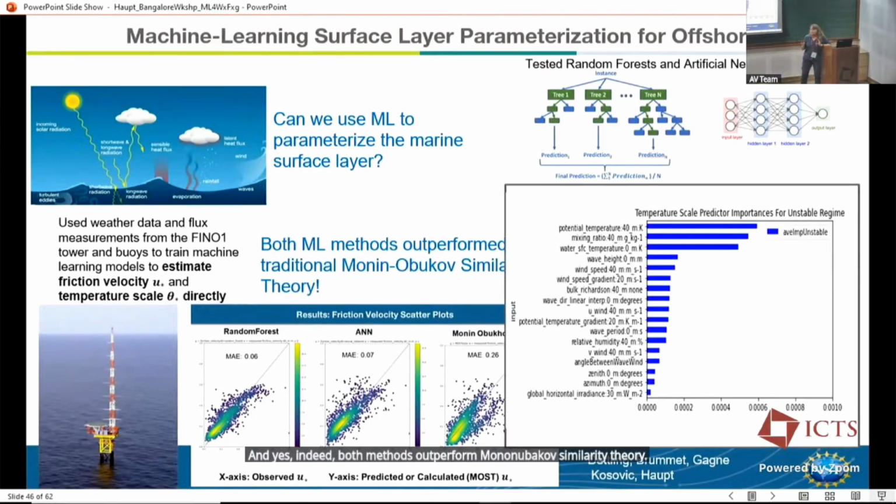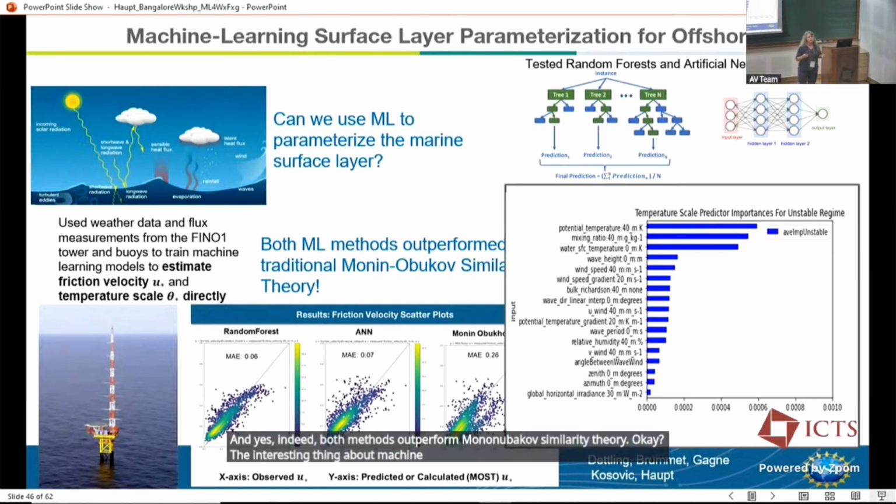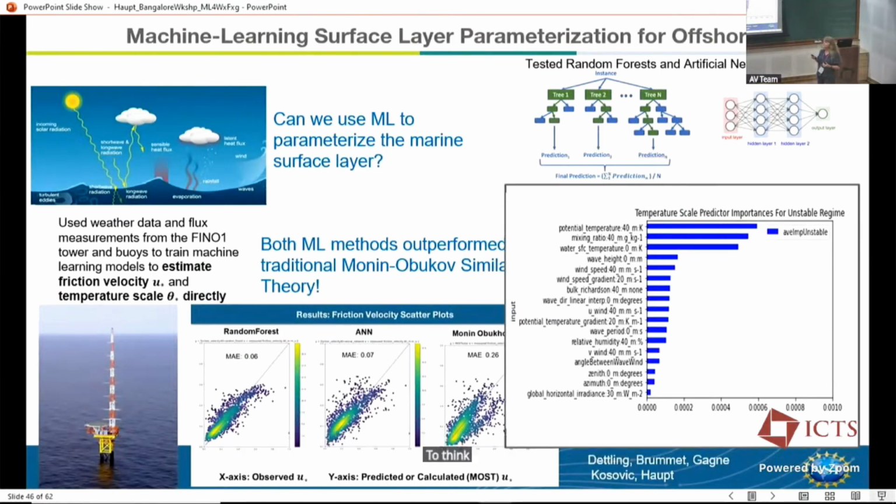Okay. The interesting thing about machine learning is you can use it to think about what is important. And you've all seen these importance curves before. Some of the things make sense: potential temperature at 40 meters, mixing ratio at 40 meters, surface temperature, skin temperature. But then we start seeing things like wave height is non-trivial.